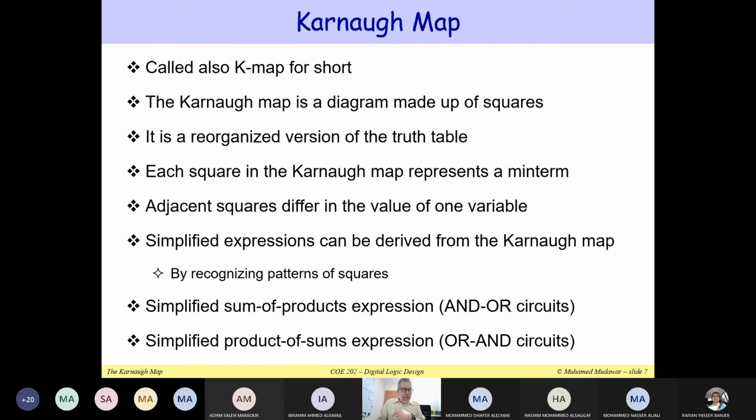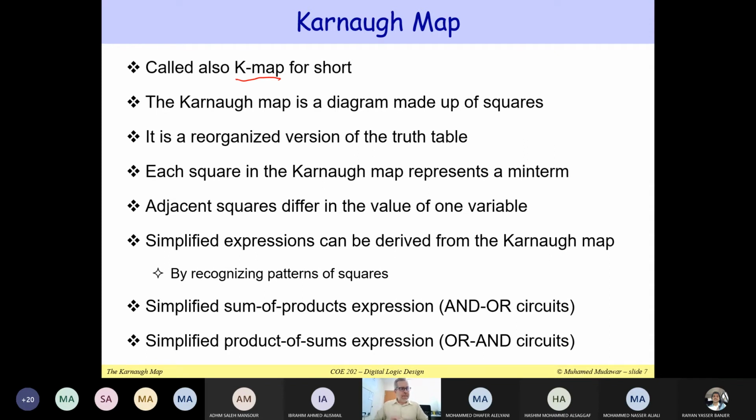So what do we do in the case of logic minimization? There is a technique that was invented, and this technique is called the Karnaugh Map, or K-map for short. So K here means Karnaugh. And this was invented a long time ago.